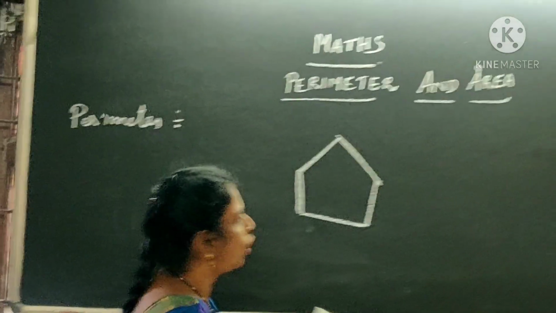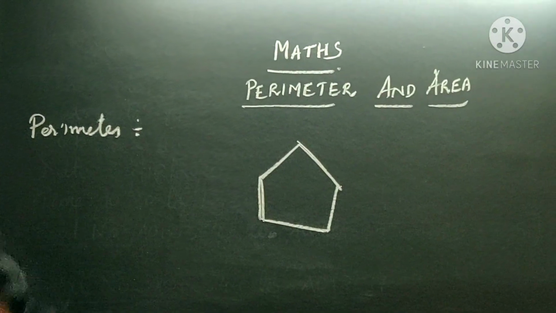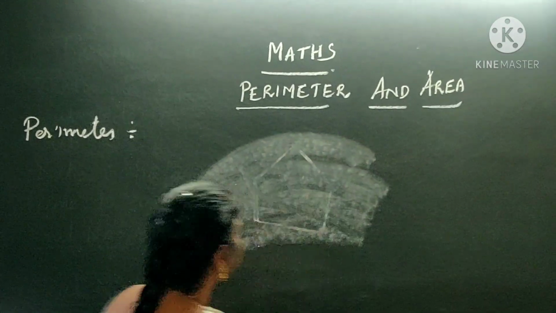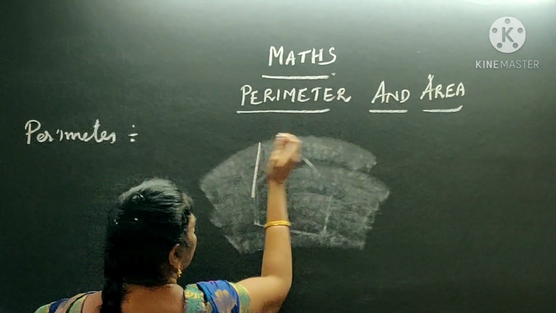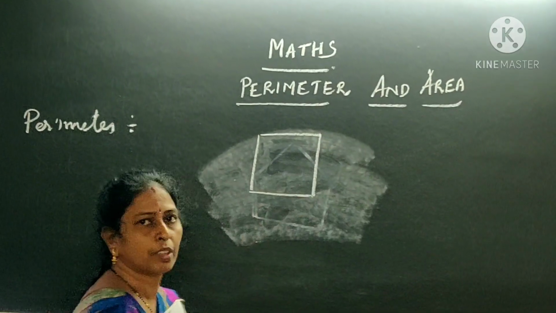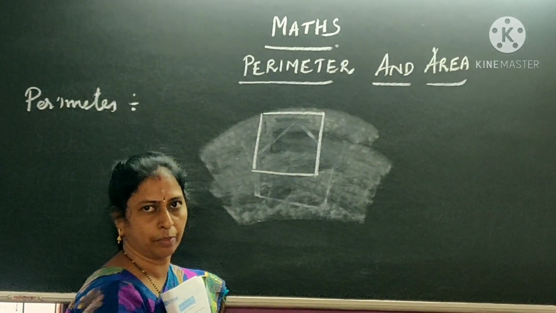Now you all know square. In square, all the sides are equal.